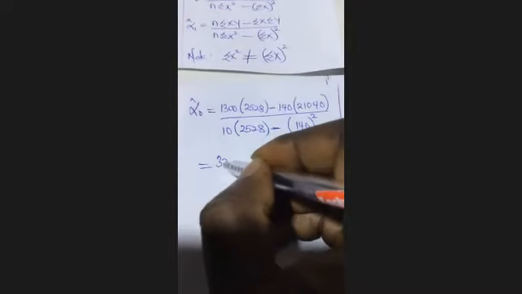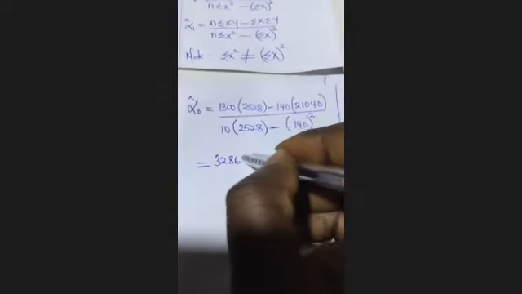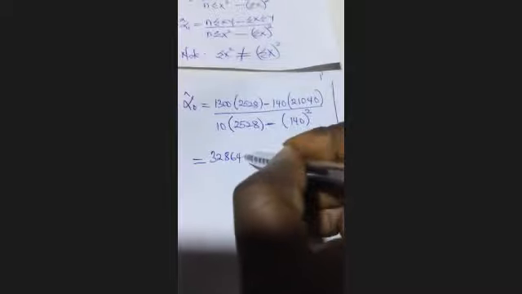1,300 multiplied by 2528 gives 3,286,400. Thank you. God bless you. Let's have this.